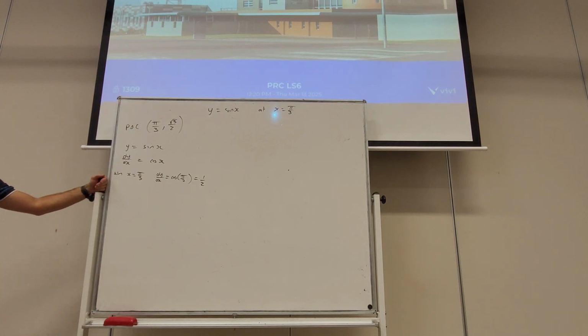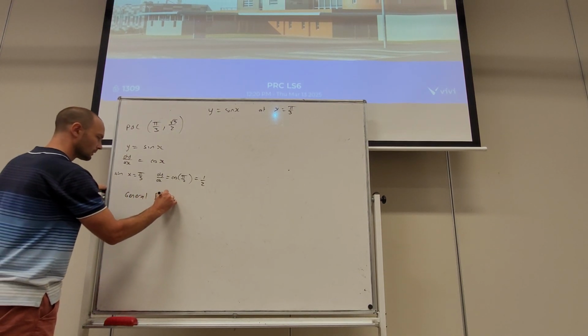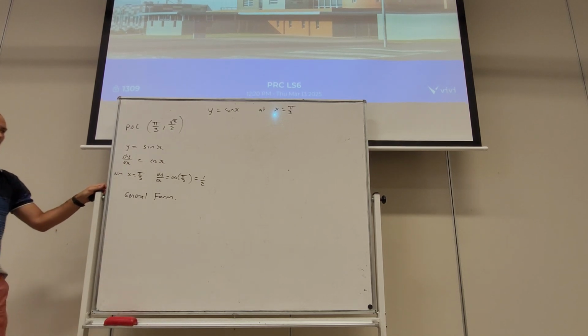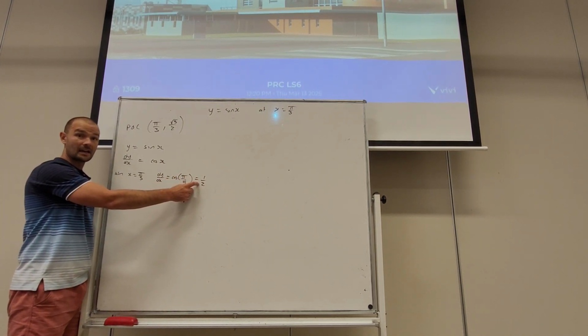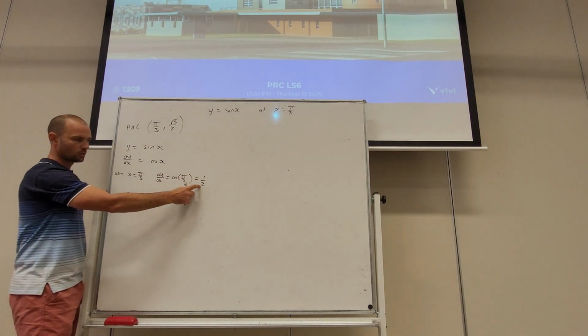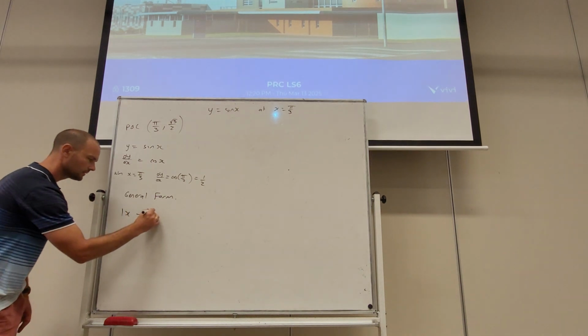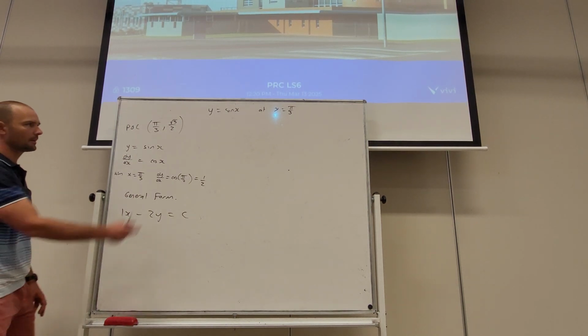All right, let's do both processes from here. We're going to do the general form and the y-intercept form. We'll start with the general form. For general form, we have a slope of 1 on 2. That means we're going to have 1 lot of x, take away 2 lots of y, equals c. We substitute in the coordinate that we're provided.